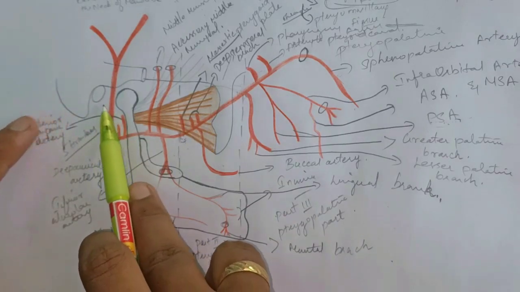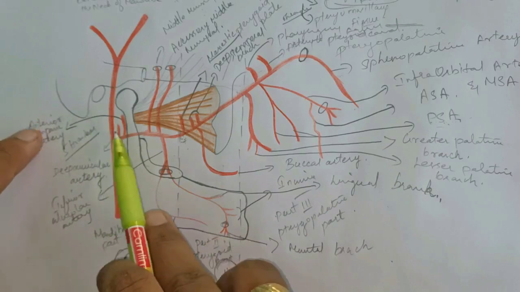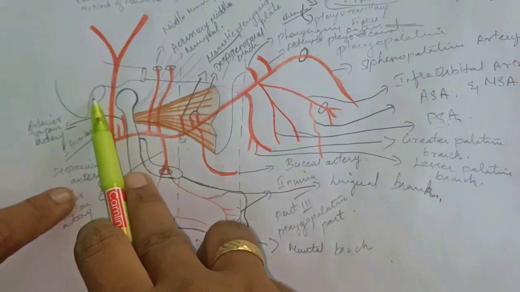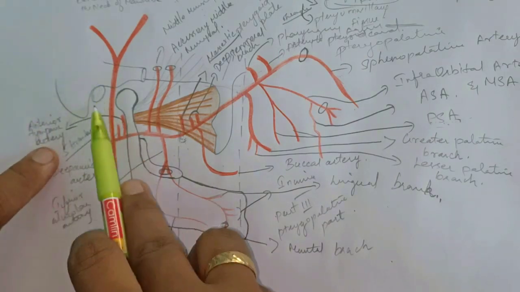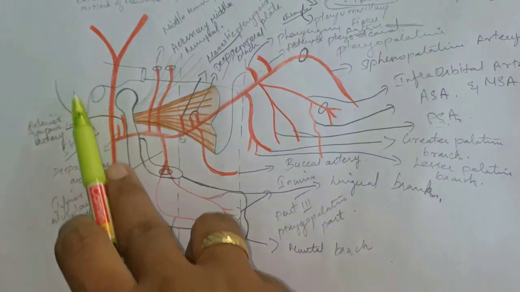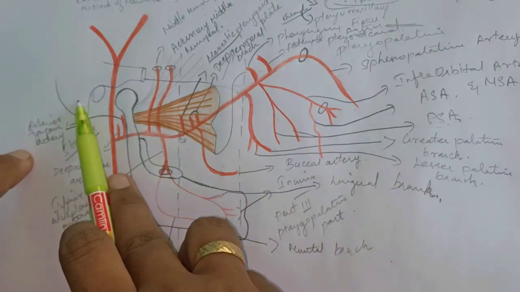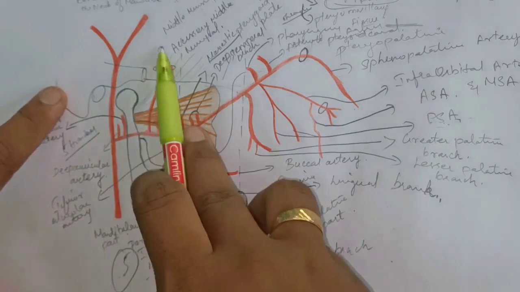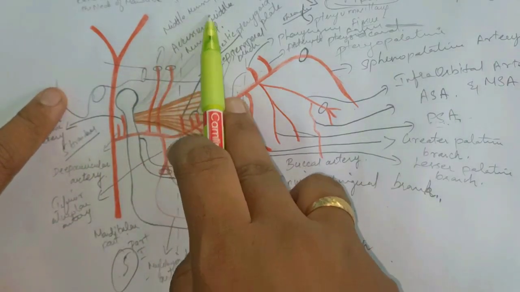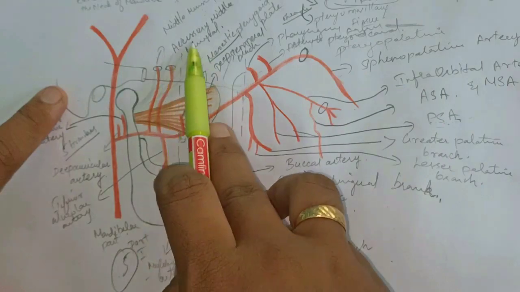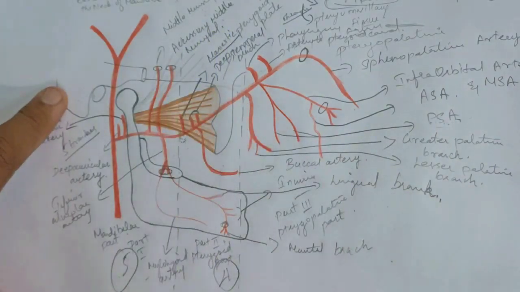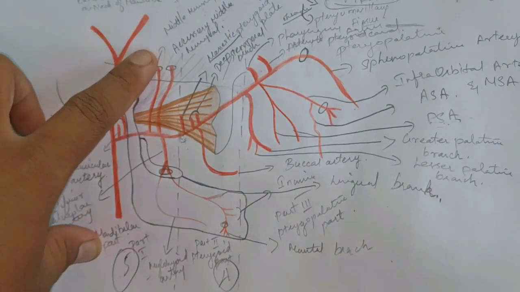First part, you have 5 branches. See, this is your external acoustic meatus, and behind that you will have your tympanic cavity, tympanic membrane and all. So first is your deep auricular artery which supplies the auricular region, and the anterior tympanic artery. Third one is middle meningeal artery.